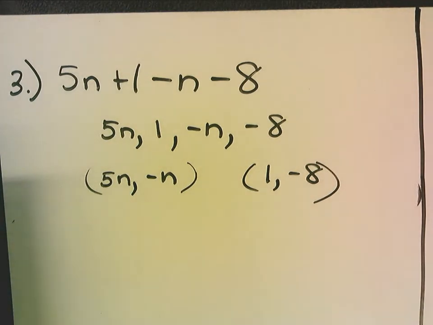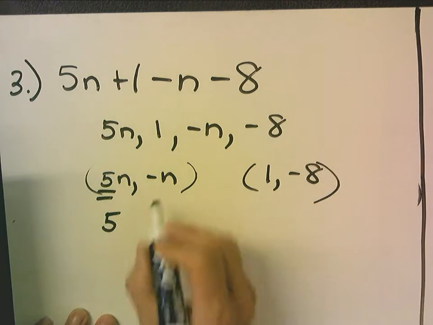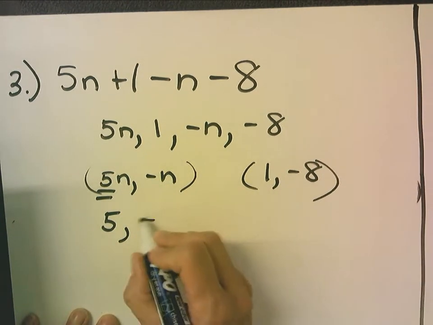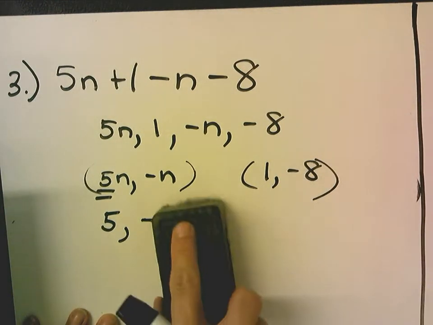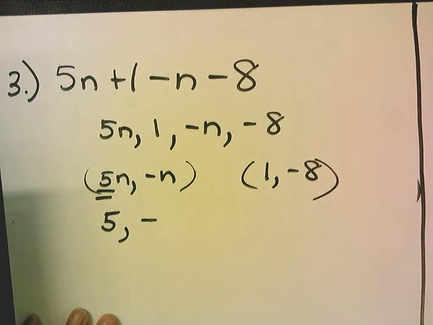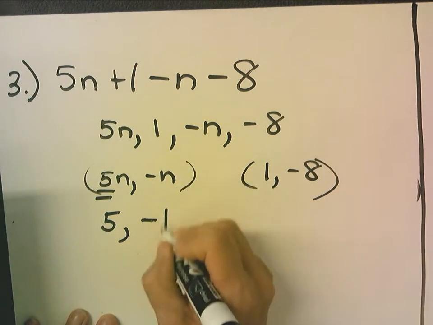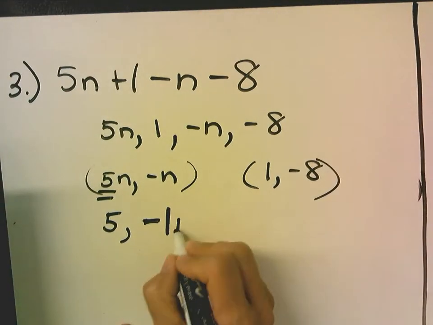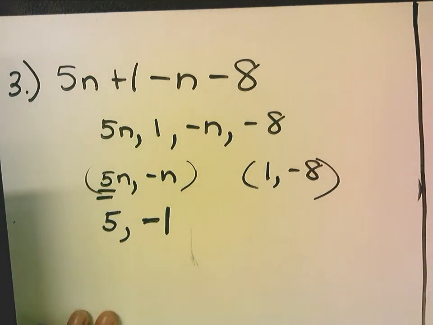Now, a coefficient is a number that multiplies the variable. So the coefficient here is 5. This coefficient's a little trickier because I can't just say negative, and I don't want to write negative n because a coefficient is a number, not a variable. So then I remember, oh, when the number disappears, it's a 1. So negative n is the same as negative 1n, so the coefficient is negative 1.